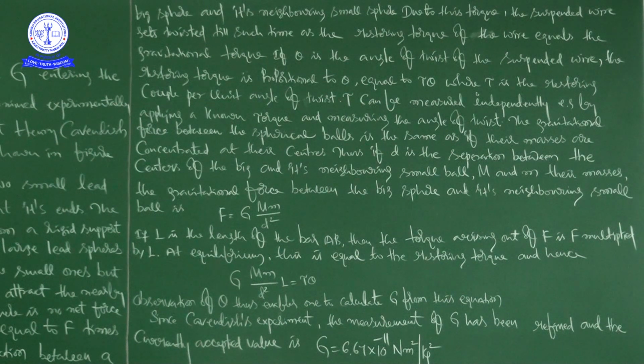What is theta? It is the angle of twist of the suspended wire. Then the restoring torque is proportional to theta, equal to tau theta, where tau is the restoring couple per unit angle of twist.